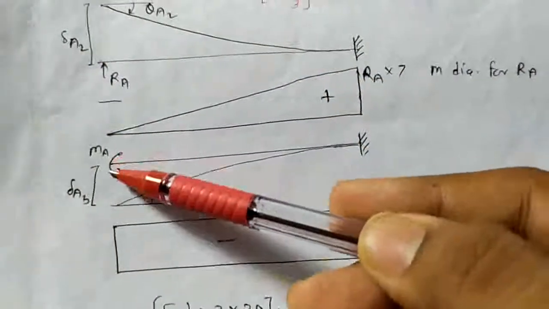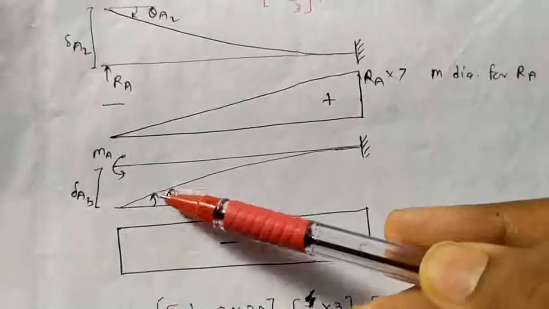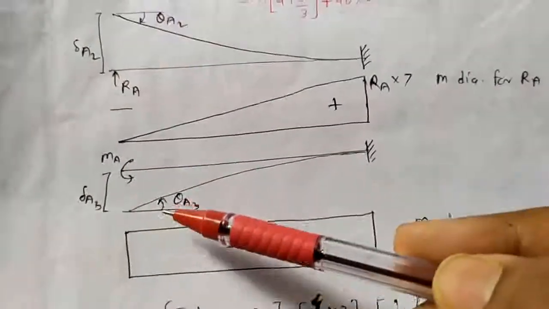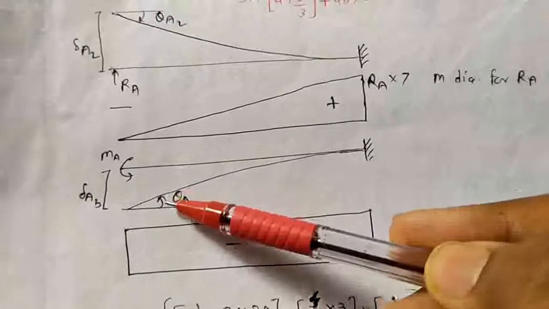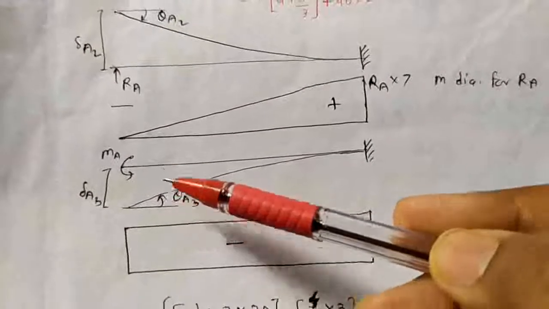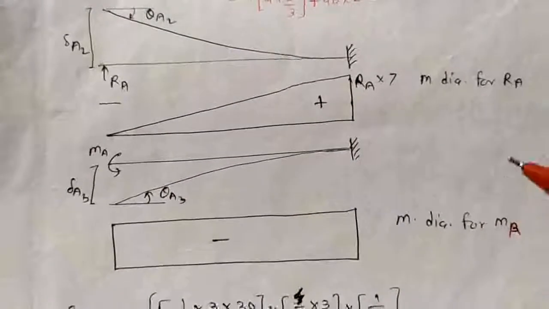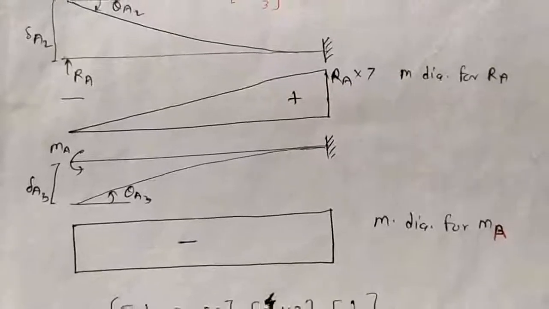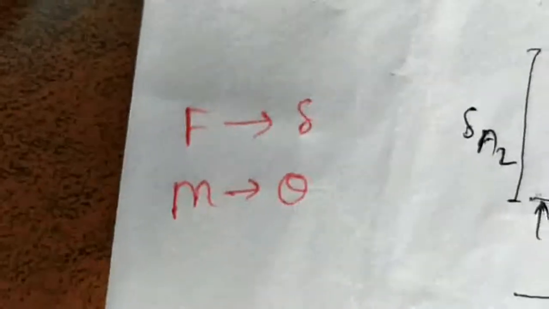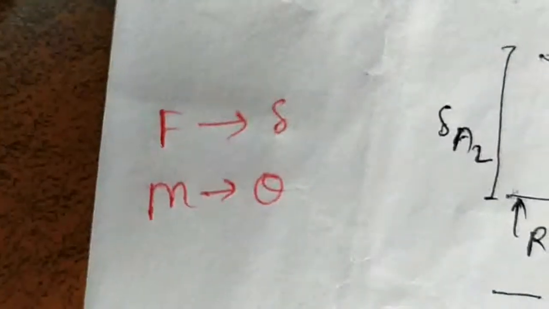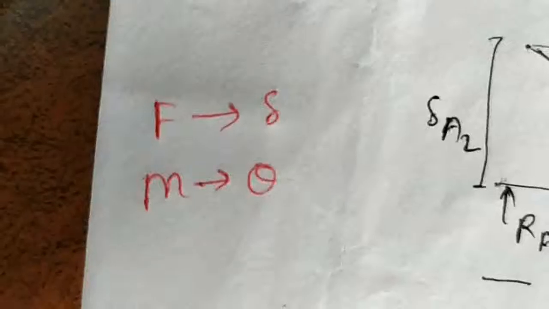For a moment, the governing deformation is the rotation. That's why for a moment you have to consider the rotation as the governing deformation. So for the two unknowns you have to consider two sign conventions. Force corresponds to displacement and moment corresponds to rotation.